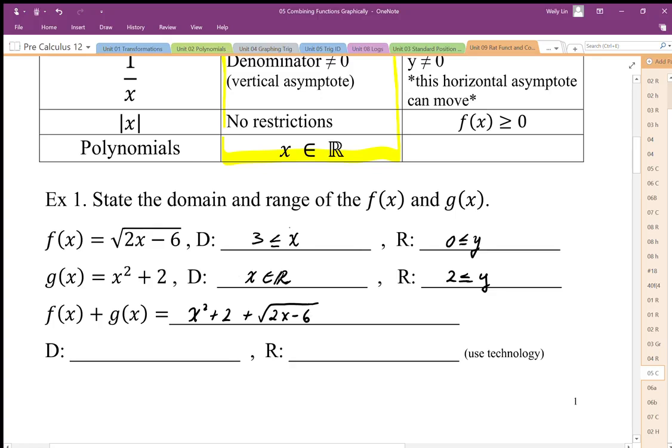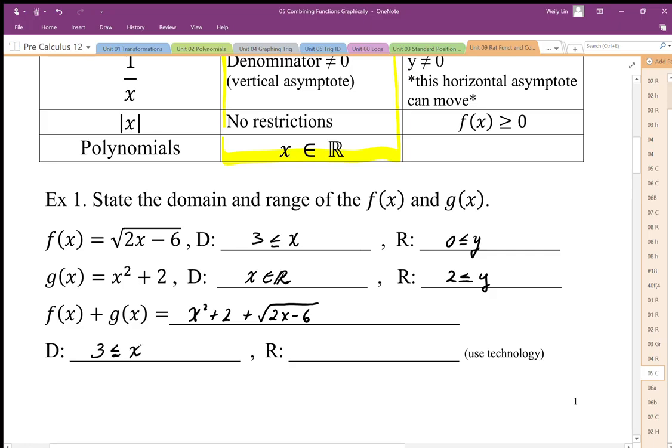So since x can only be greater than or equal to 3, although I can put negative 2 into the polynomial part, I cannot put negative 2 into the square root part. So that is restricted by the most restrictive part, which is the square root. So the domain of the combined function is going to be the domain of the most restricted part of the function. So x is going to be greater than or equal to 3.